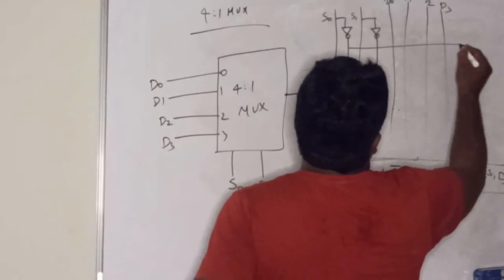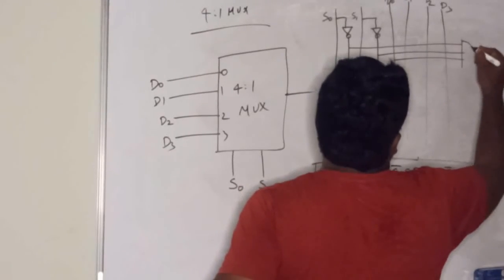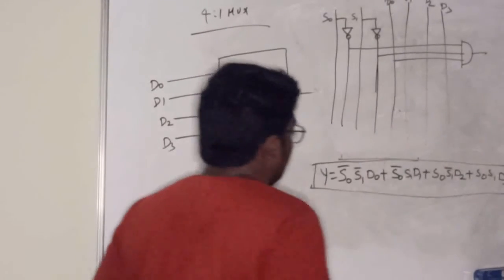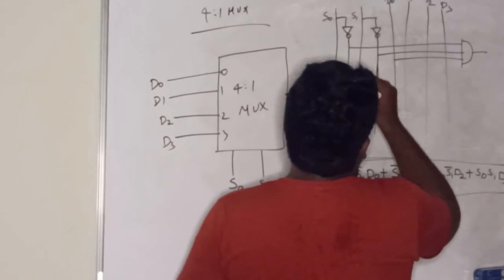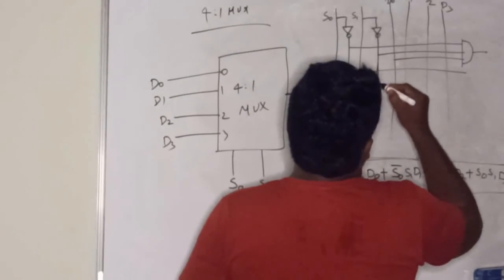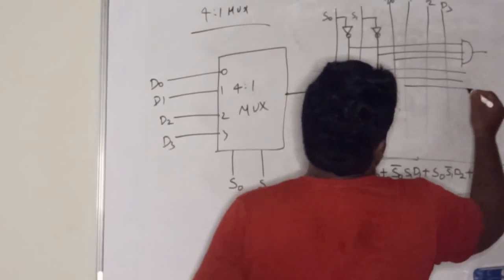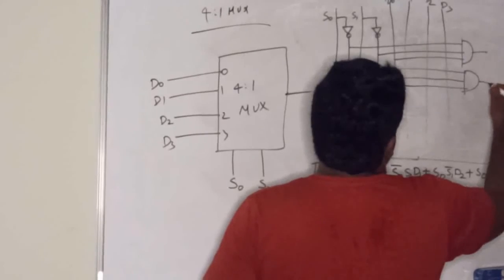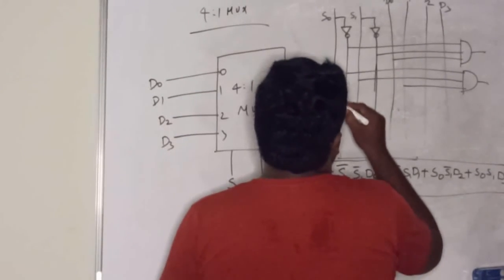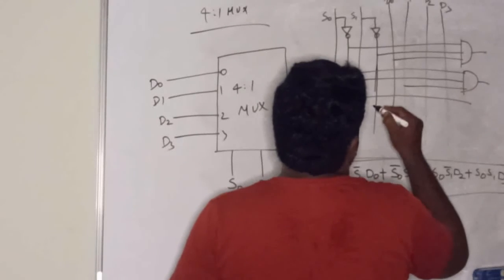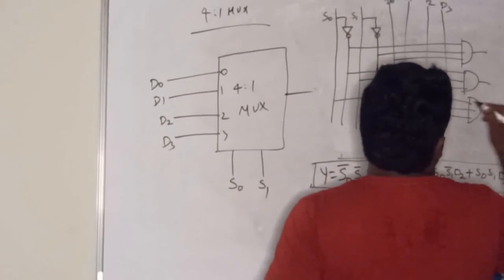From this expression, Y is equal to S0 complement S1 complement D0. Next one is S0 complement S1 and D1. Next one is S0 S1 complement and D2.